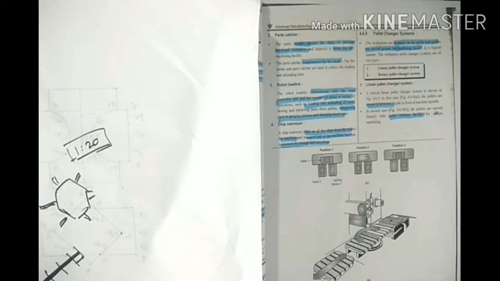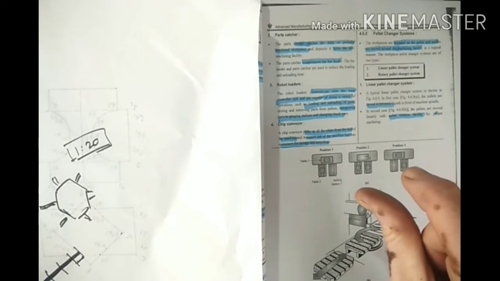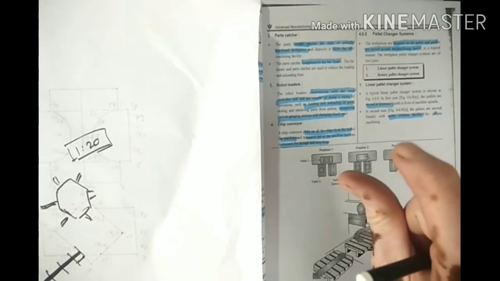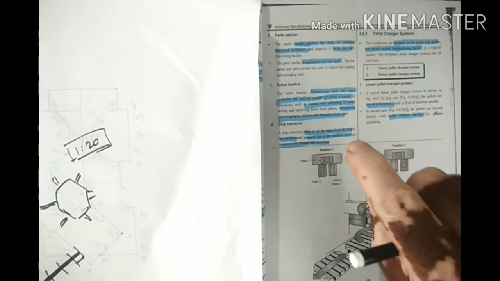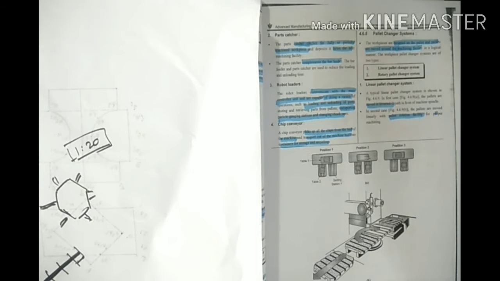The part catcher complements the bar feeder. The bar feeder and part catcher are used to reduce loading and unloading time. Part catcher means after machining, the part will be caught by some device and deposited to the next machining operation. Then robot loaders.